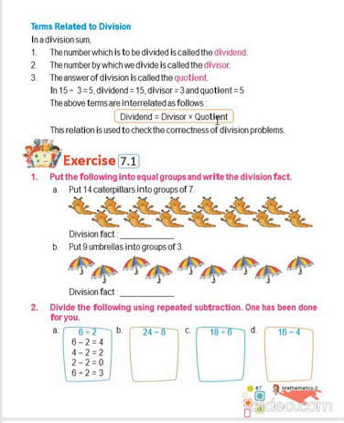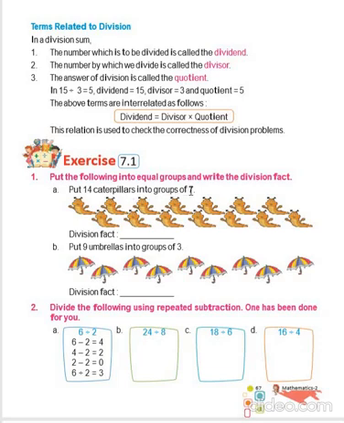Now come to exercise 7.1. In first, we have to put the following into equal groups and write the division fact. 14 caterpillars we have to arrange in groups of 7.